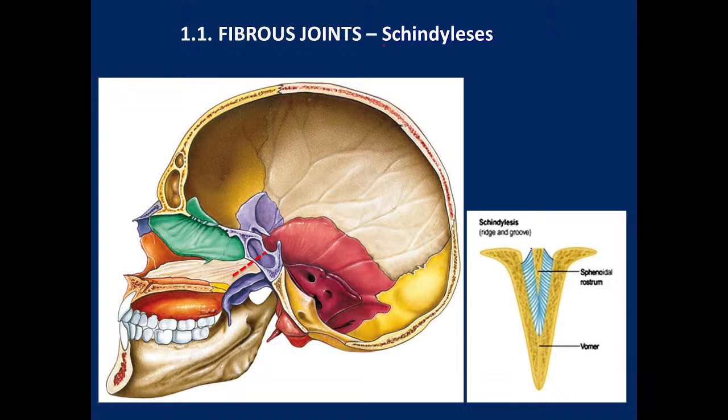It means that one bone, like a sharp edge, connects with the split of the other bone, and the connective tissue here, this is the schindylesis.